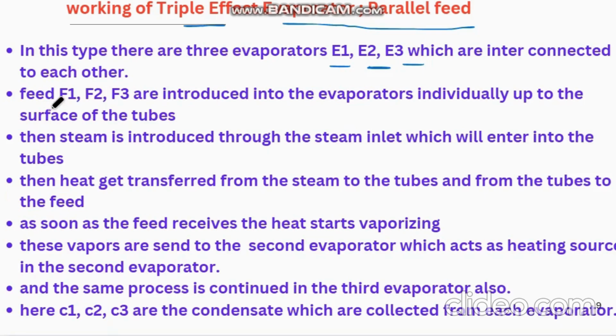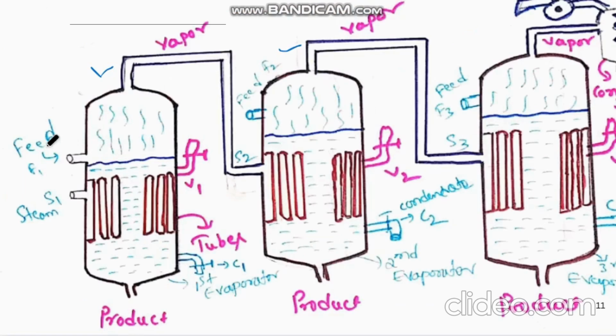The feed, that is F1, F2 and F3, is introduced into the evaporators individually, up to the level of the tubes, that is the calendria. In this diagram we can see the feeds F1, F2 and F3 introduced into the evaporators up to the mark of the calendria.